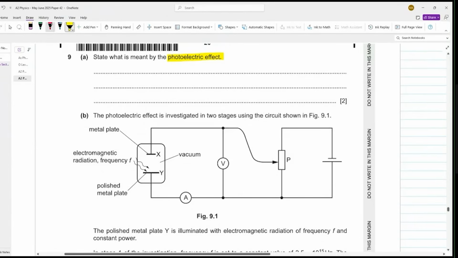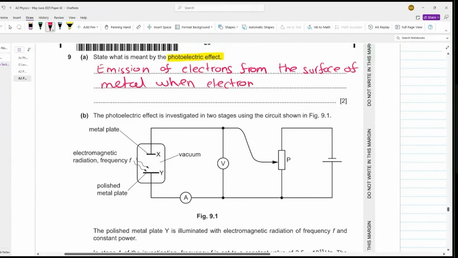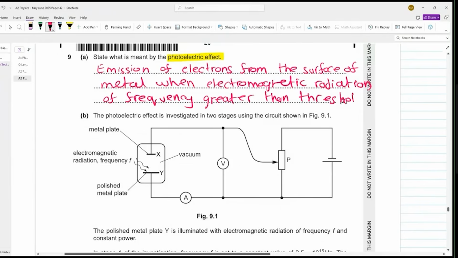So you will write: emission of electrons from the surface of metal when electromagnetic radiation of frequency greater than threshold frequency is incident on the metal. Perfect. Let's further read ahead.